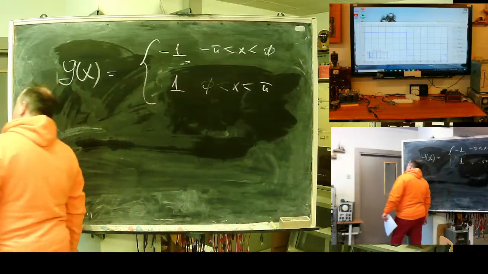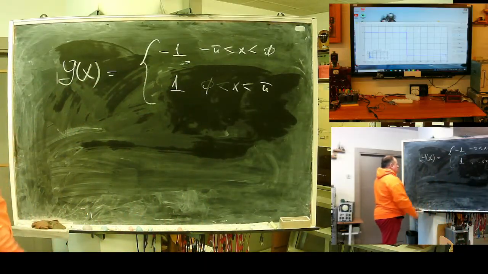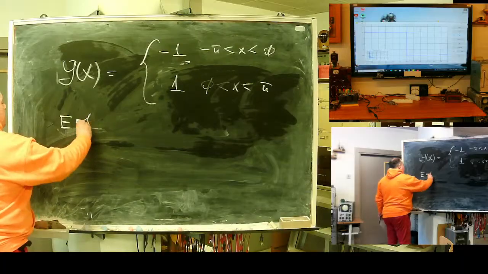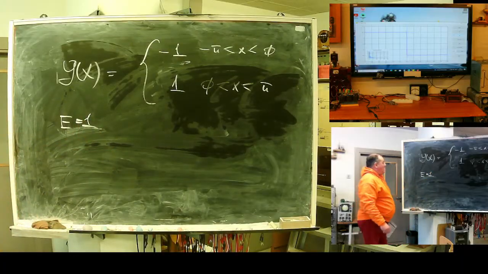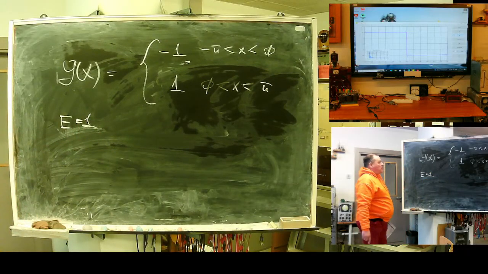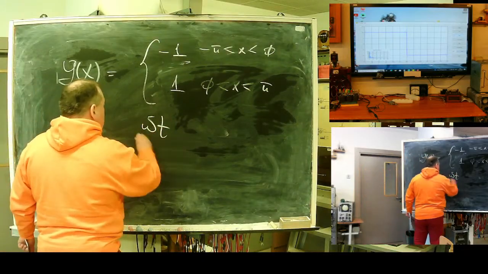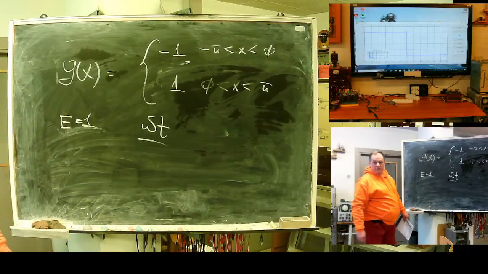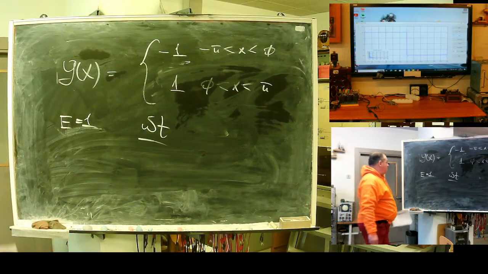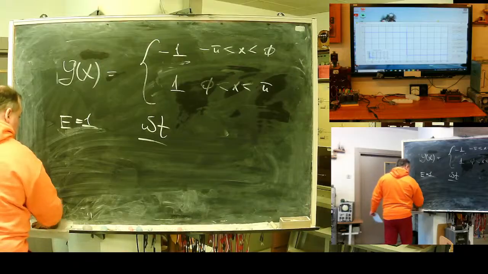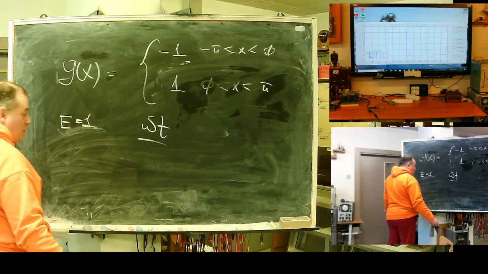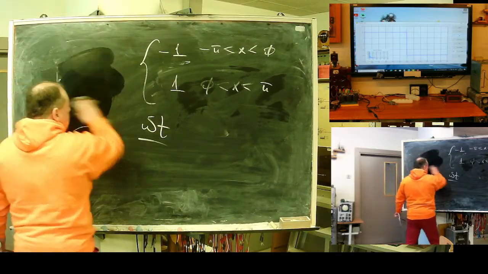Actually, it's our rectangular function with E being 1, only drawn not as a function of time but as a function of omega t. Results will be in radians. For the Gibbs function decomposition, the Fourier law for this function is known.